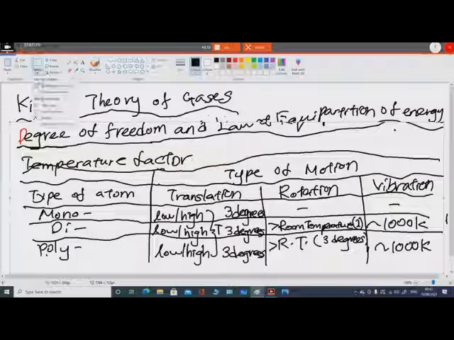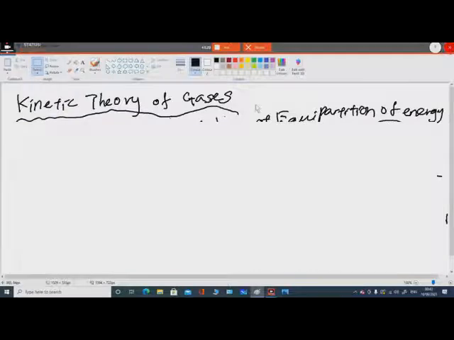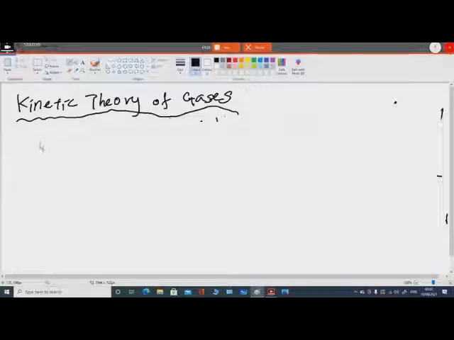We're still in the part of degrees of freedom and the equipartition of energy. Okay, so we have done degrees of freedom, so let's move on to the equipartition of energy.